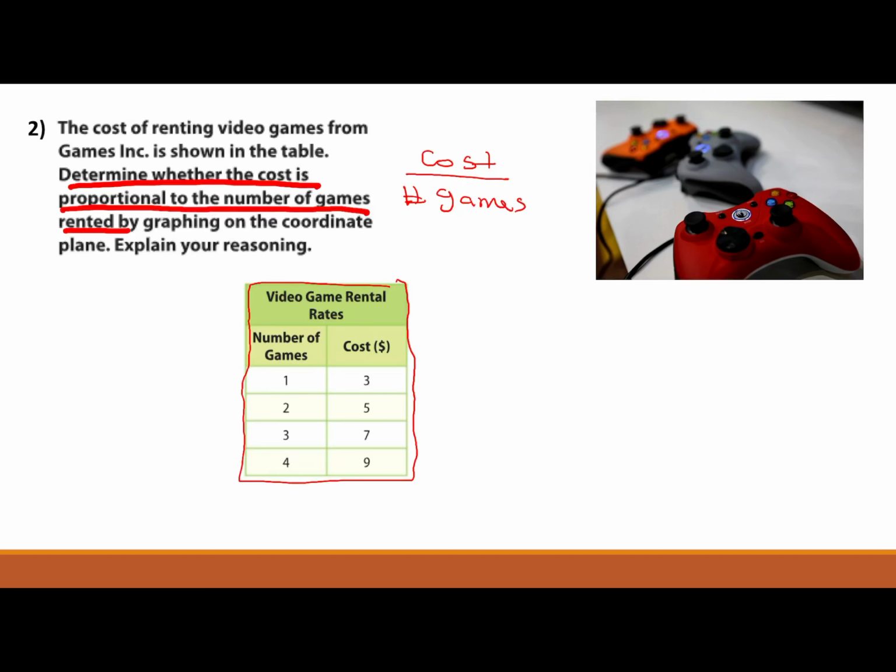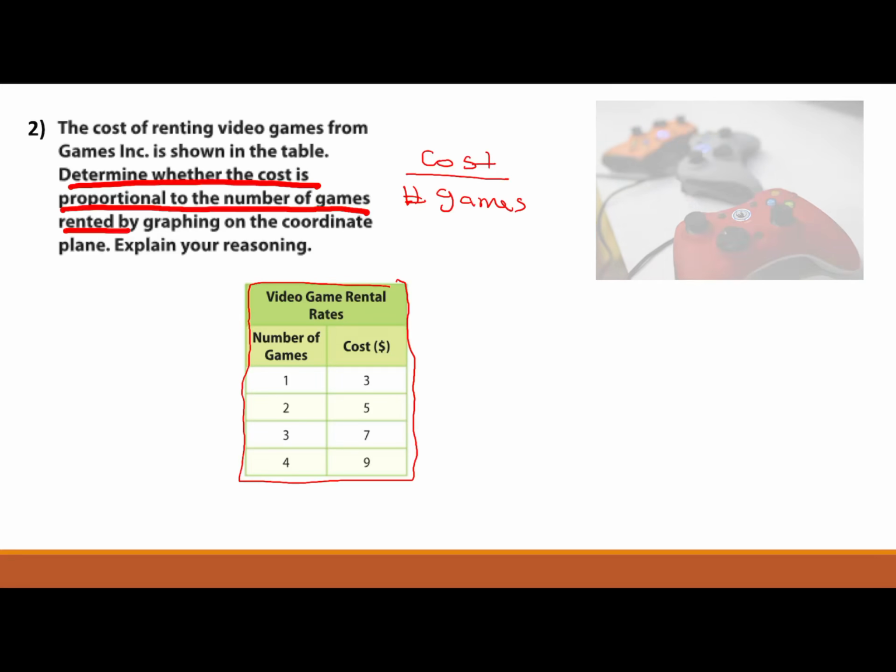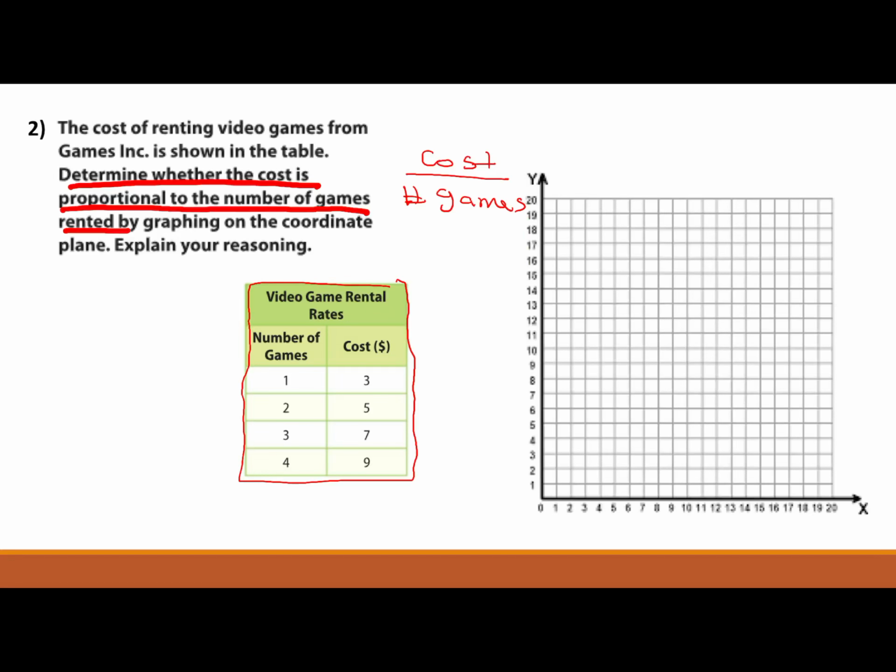So we're going to go ahead and graph this. Let's go ahead and bring up our coordinate plane. All right, we're going to put our information here. Since in the rate, cost is on top, remember this one would be your y. And this one right here is going to be your x.